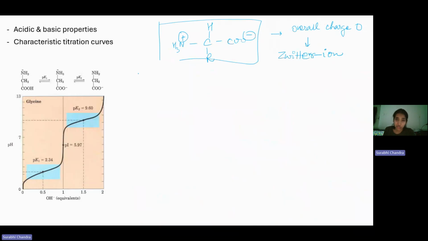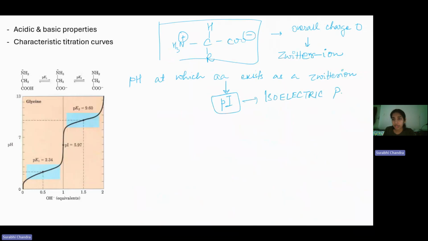The pH at which this amino acid exists as a Zwitter ion is the pI, also known as the isoelectric point.